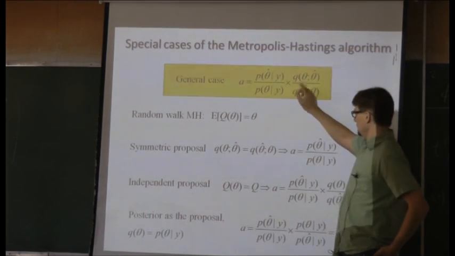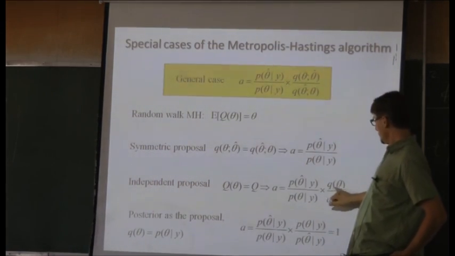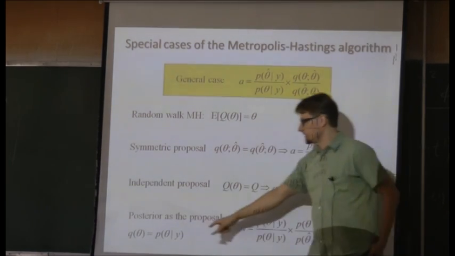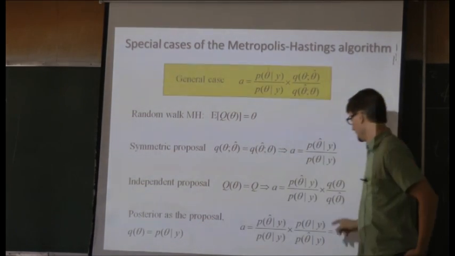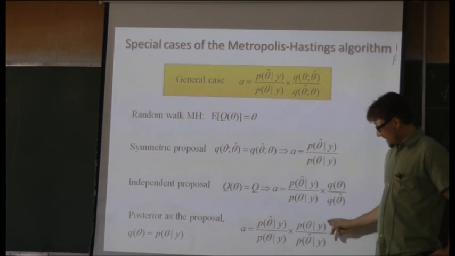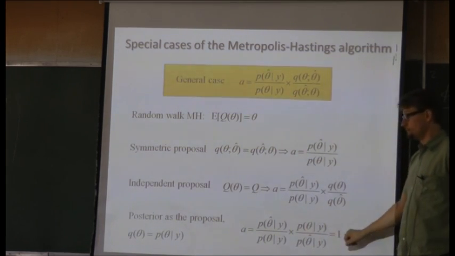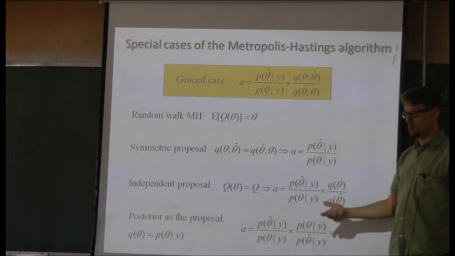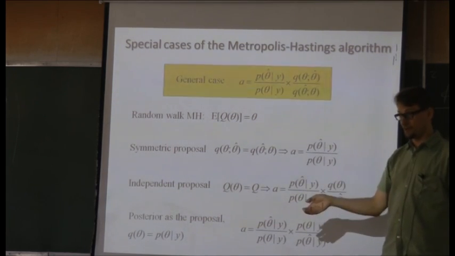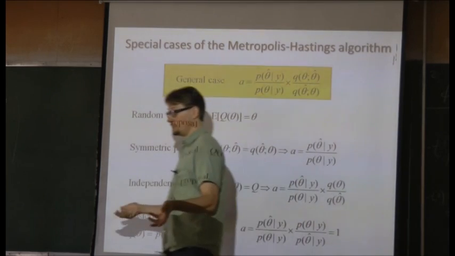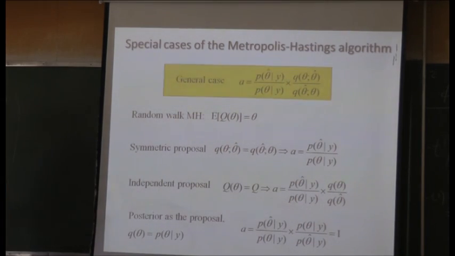Instead of this q of theta, I just substitute this expression there. And you see what happens. Things just cancel out. This gives 1, which means that you always accept. If you can sample directly from the posterior distribution, then you just always accept what you sample from there. Then trivially what you get is the posterior distribution.